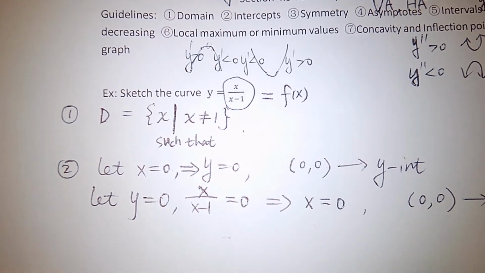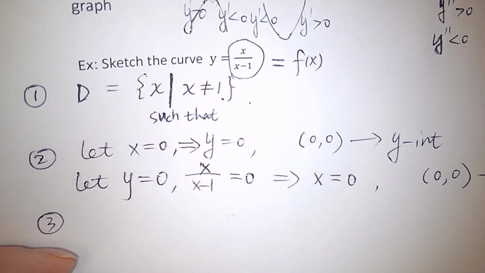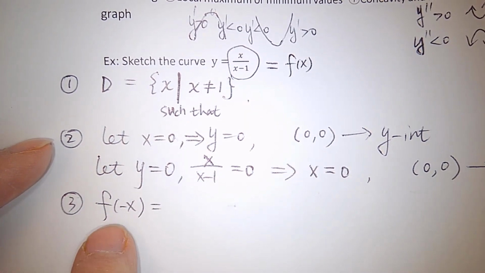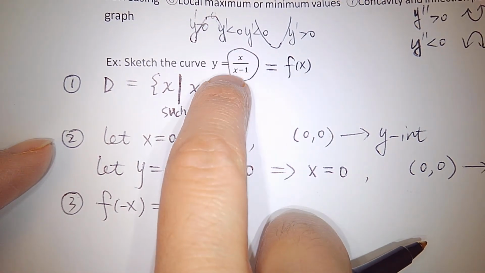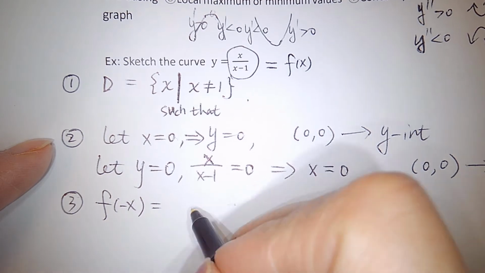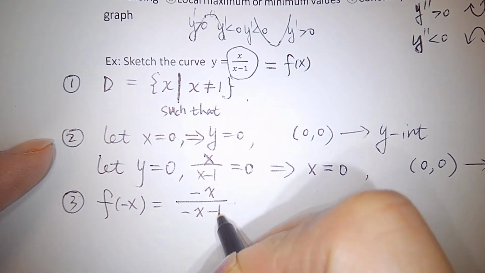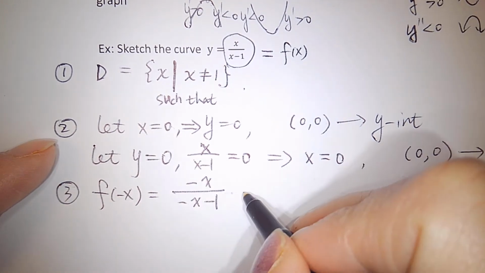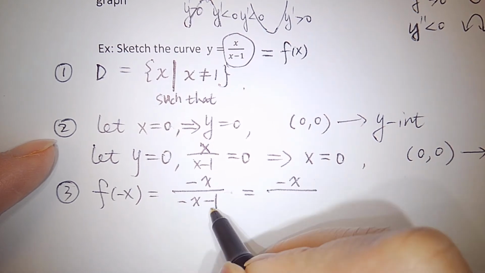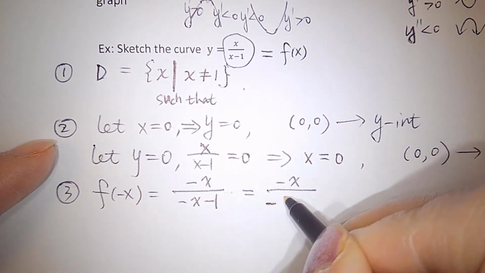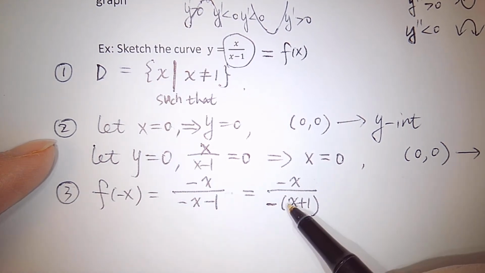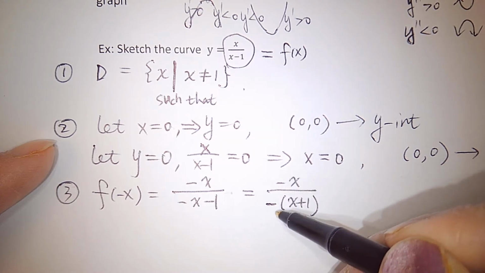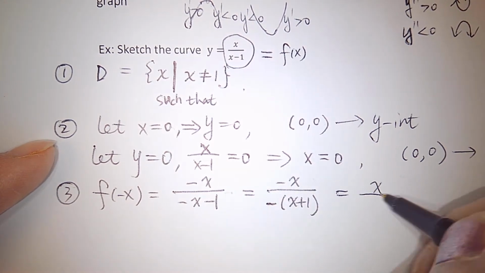We're going to do f of negative x, which means we replace every x in this function by negative x. So negative x over negative x minus 1. Every term on the denominator has a negative sign, pull it out. Negative parentheses x plus 1. Negative divided by negative cancel out, right? So eventually this is x over x plus 1.